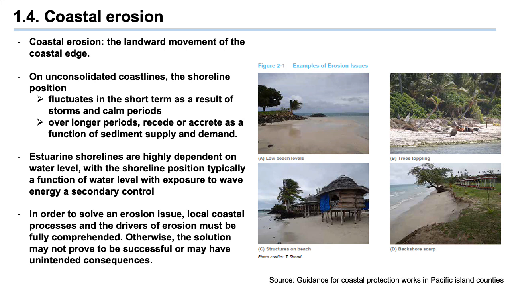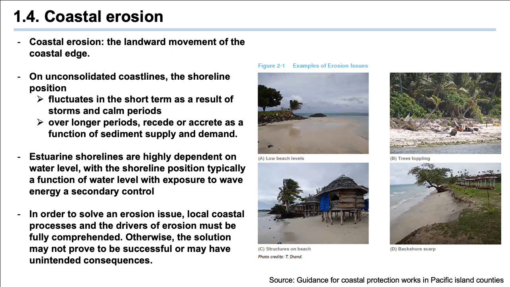On unconsolidated coastal lines, the shoreline position fluctuates in the short term as a result of storms and calm periods, and over longer periods can recede or accrete as a function of sediment supply and demand. Estuary shorelines are highly dependent on water level, with the shoreline position typically a function of water level with exposure to wave energy as secondary control.